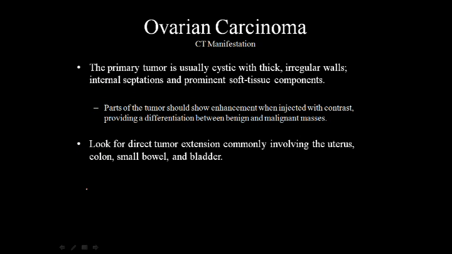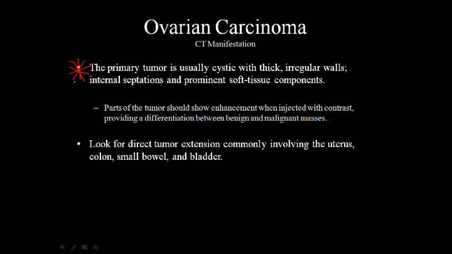So the way that it looks in terms of CT is the primary tumor is usually cystic with thick, irregular walls, internal septations, and prominent soft tissue components. So this first bullet point is something that you definitely want to remember, as it will allow you to see what ovarian carcinomas really are.